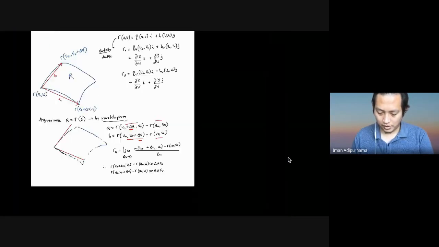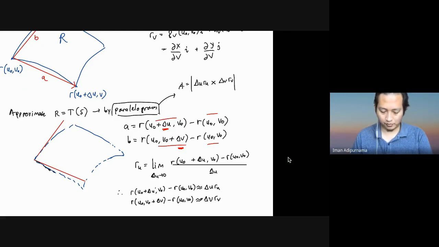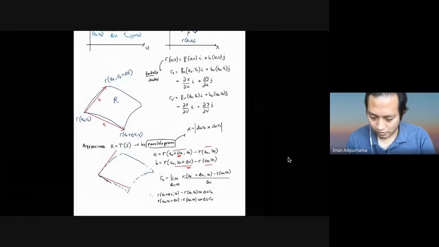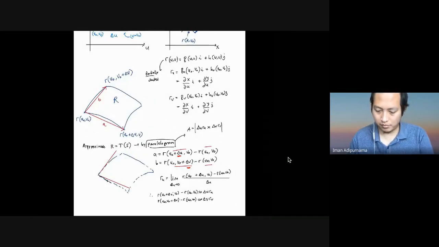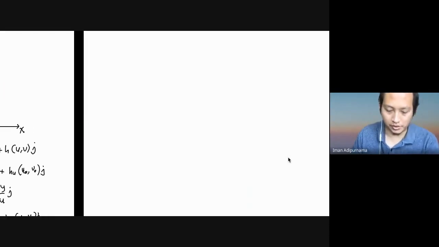And then because it's a parallelogram, the area is the cross product between them. Okay, now let me move to the next slide. If you are confused, let me know, but you can review later.